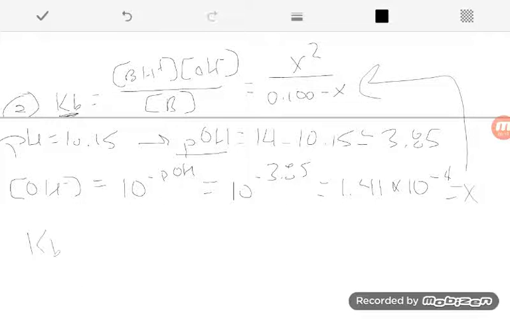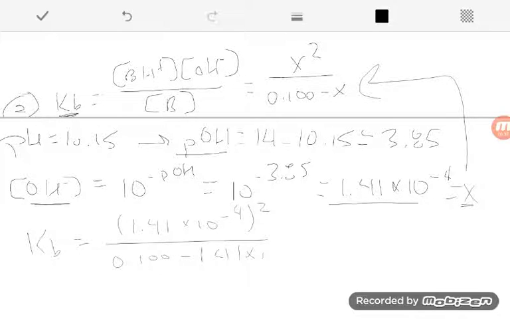So my Kb is equal to 1.41 times 10 to the negative 4 squared, because I'm just plugging in this value for X, since OH minus is equal to X at equilibrium, over 0.100 minus 1.41 times 10 to the negative 4. And if I plug that into my calculator, I'm going to get 2.00 times 10 to the negative 7.